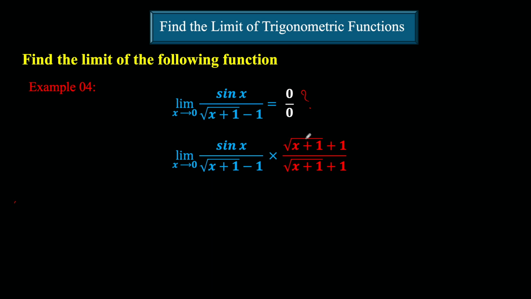If you watched the previous video, you learned how to find the limit of a radical function when you have the square root of something, of x plus 1 in this case. So directly you will multiply the numerator and the denominator by the conjugate, okay?